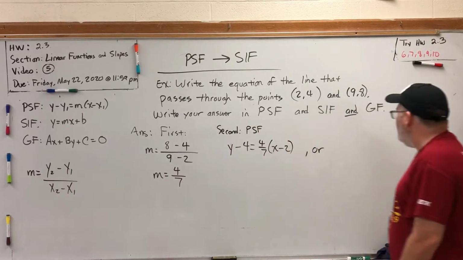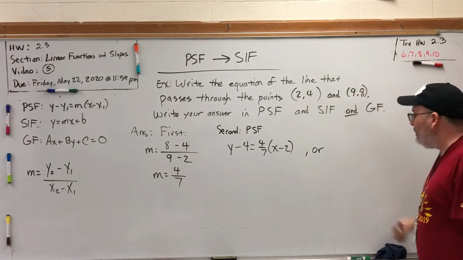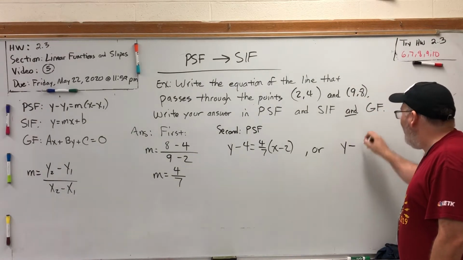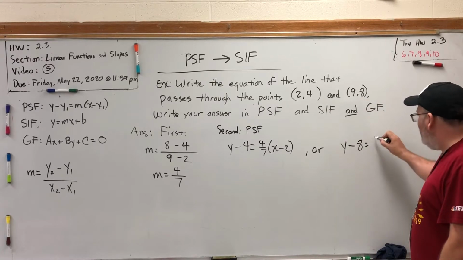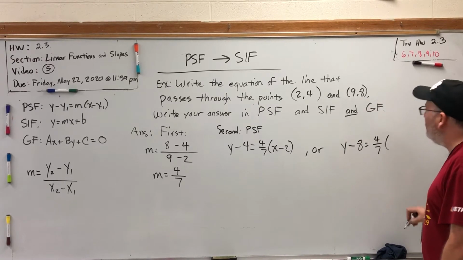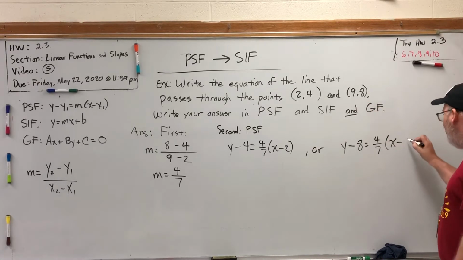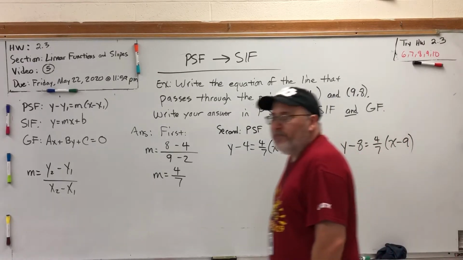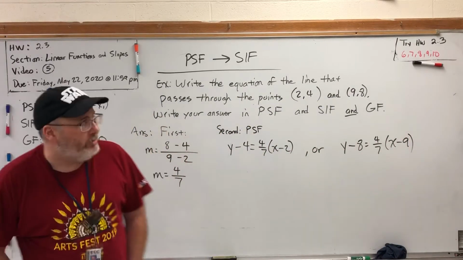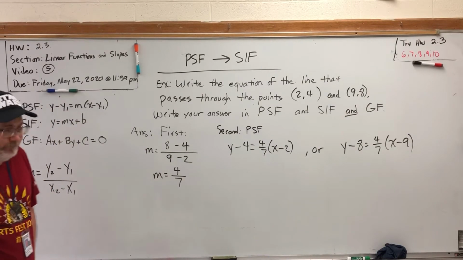Or, if for some reason we decided to call (9, 8) the first point, then we would have set up y minus the first y, so y minus 8 equals the slope, which is still 4/7, times x minus the first x, which in this case would be 9. So which one is correct? Both of them are, and the homework knows this. So in a problem like this, it would accept either one for point-slope form.